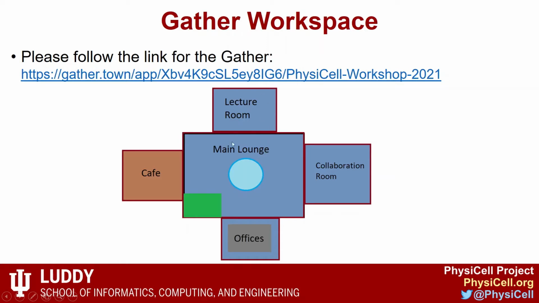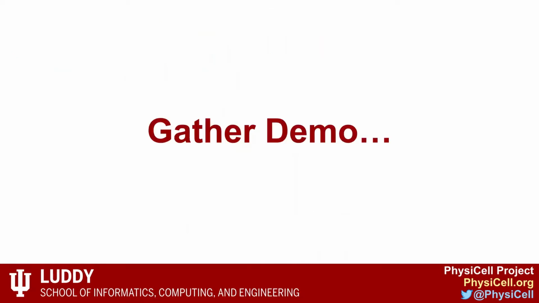The lecture room is for the Zoom link for the lectures that will be publicly available, and the cafe is for the social hours. Collaboration rooms are mostly for the hackathon part, and there will be team dedicated areas. The offices are for the individual offices. So let's go to the Gather demo together.